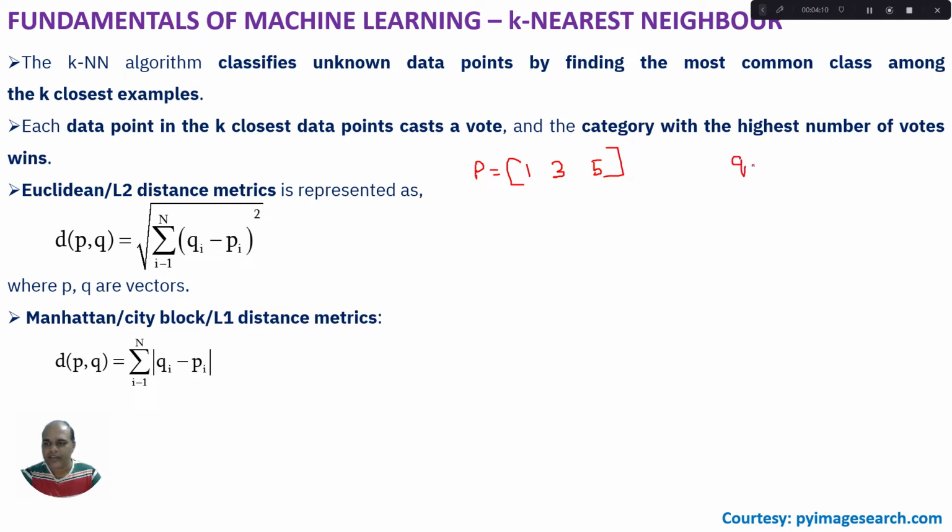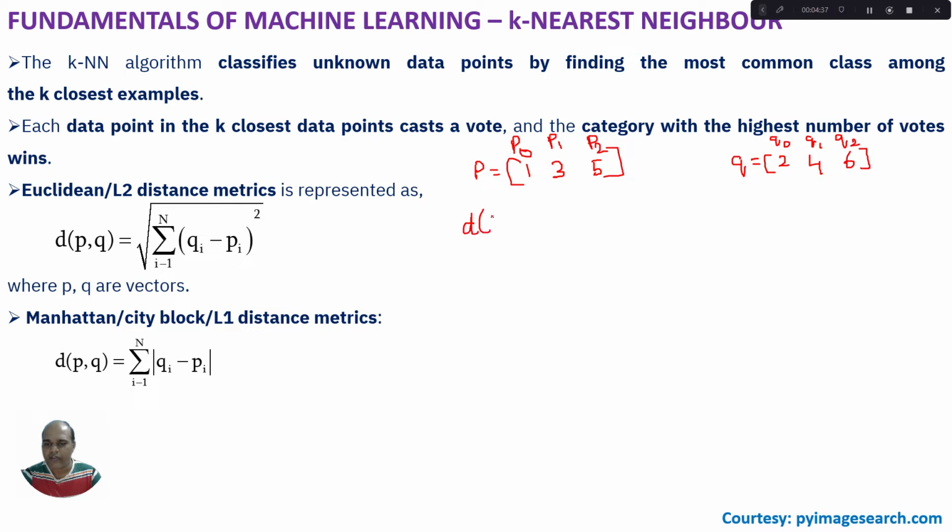In the same way, another 3-dimensional vector q: 2, 4, 6. Here the first element is p0, the second is p1, the third is p2. In the same way, in the q vector, the elements are q0, q1 and q2. Let us compute the distance between the two vectors.